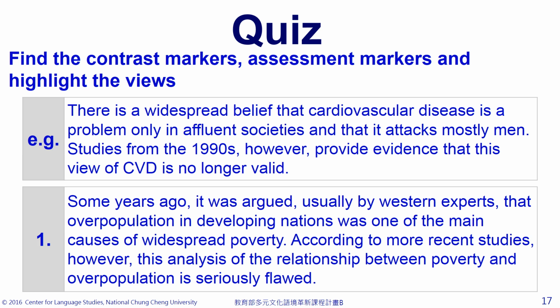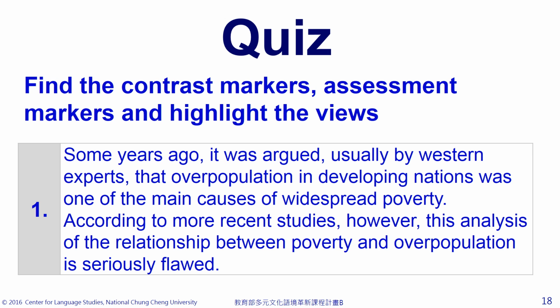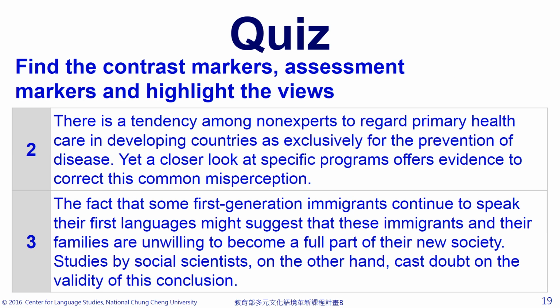Please underline the contrast markers and assessment markers, and highlight the view. As we can see in the sentence, the contrast marker, however, and the assessment marker, flawed, are used. Please underline the contrast markers and assessment markers, and highlight the views.